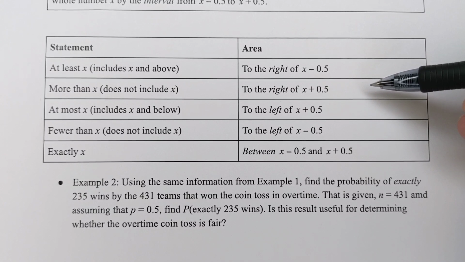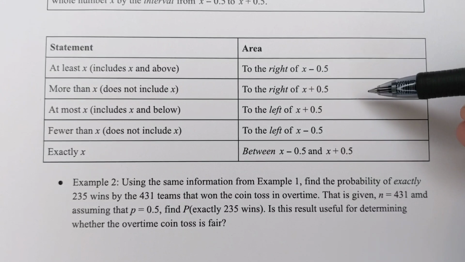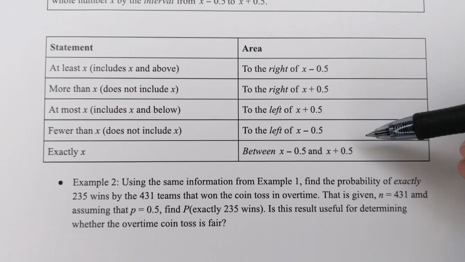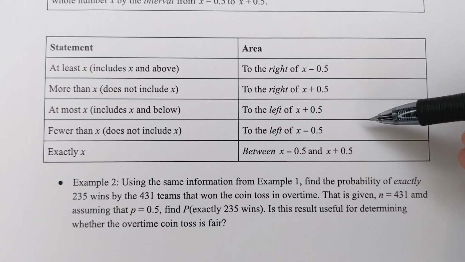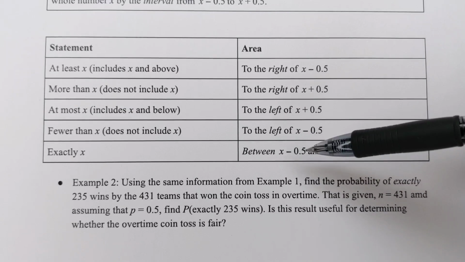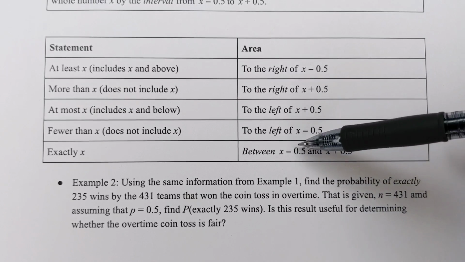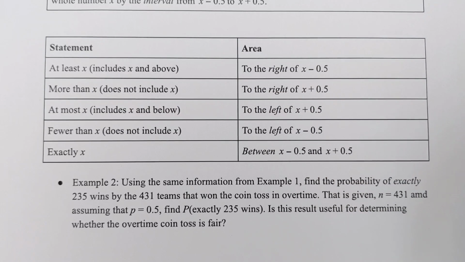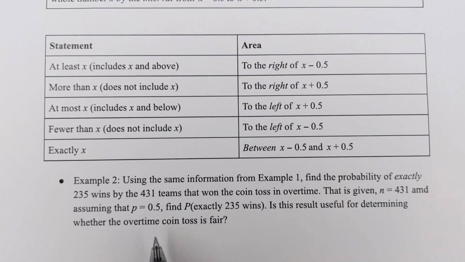The one I did on the previous example, just find the area to the right, you have to do 1 minus because our tables are set up to the left. For these two, for the at most or fewer than, you can just read the value straight off the table. These are left of, which is what our table is set up to do. Exactly x, you actually find two z-scores, find the probabilities, and then to get between, you take the difference in those values. So, which is what this is going to talk about.